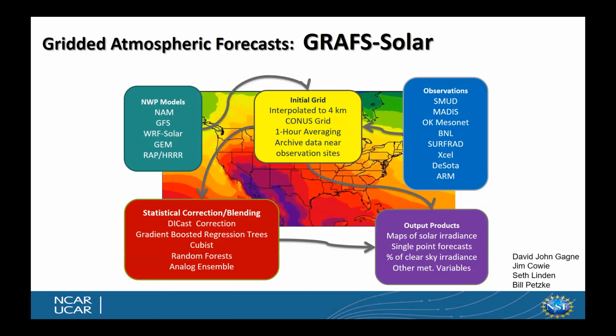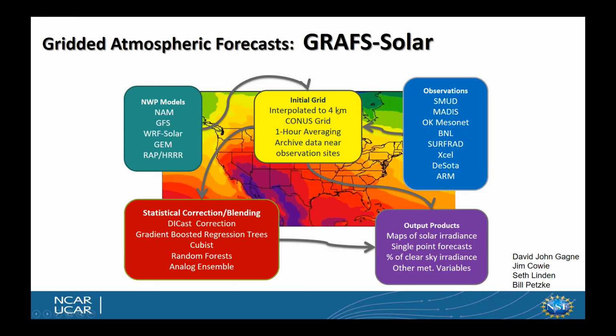Now, we've also worked on a gridded atmospheric forecast system, GRAFS. We did this mostly during our solar prediction project that was funded by the Department of Energy. It's very much like DICAST. We bring in a host of NWP models and observations that can be specialized, shown on the right. We interpolate to a particular grid.